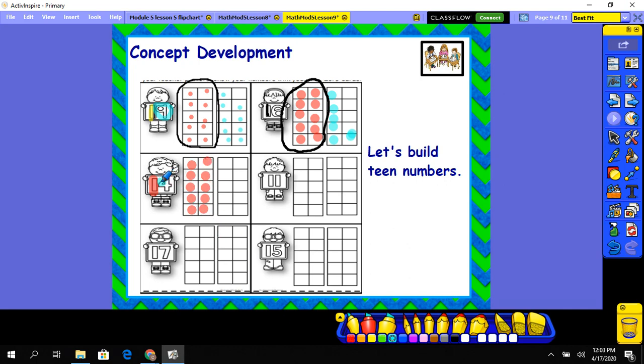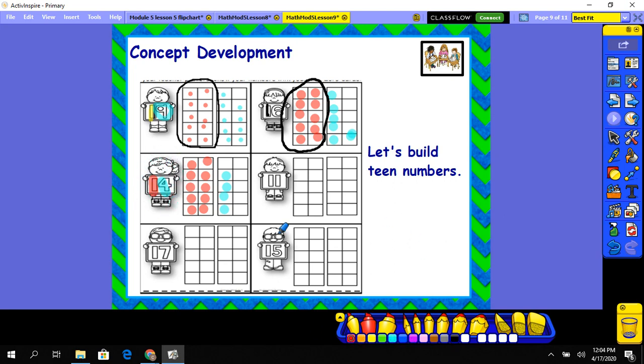Now, how many are left over? 4. 1, 2, 3, 4. I can count 10, 11, 12, 13, 14. Or I could say 10, 1, 10, 2, 10, 3, 10, 4. But it all makes 14.